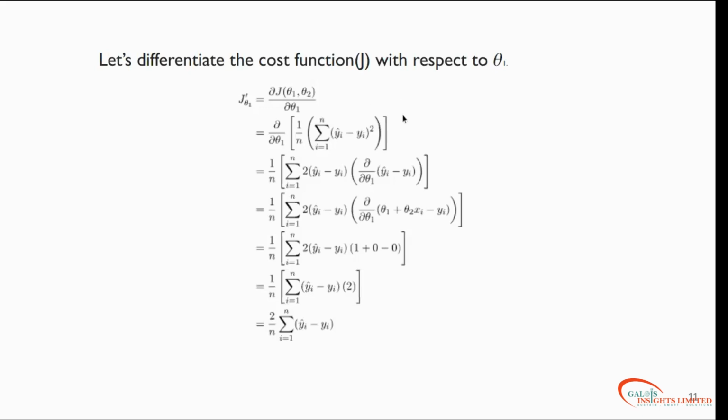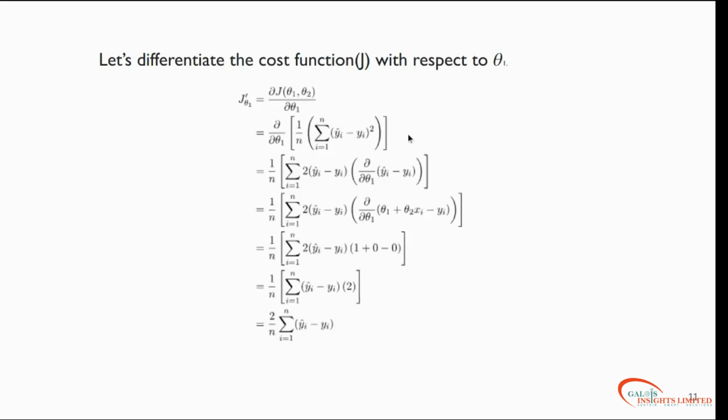If you want to take the derivative of this, 1 on n is simply a constant value, so you can pull it out, and then you differentiate this value. It will simply be 2 multiplied by the loss function. And then remember, once you take the derivative of this, you are left with differentiating the inside as well, which is the loss function. And that is what we have over here.